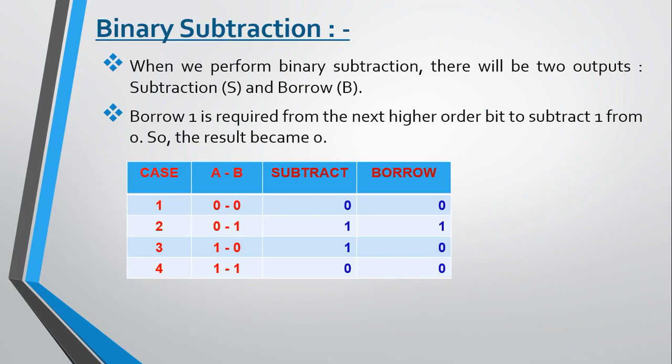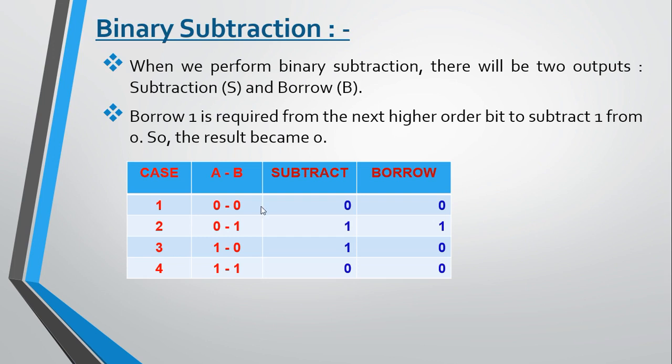When you perform subtraction, your output will be in the form of difference and in the form of borrow. So subtraction is marked with S and borrow is marked with the variable B. Here a table is given which represents the different cases that occur, and based on each case there is a value for subtraction and borrow.